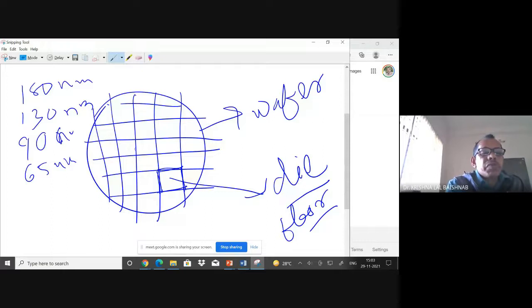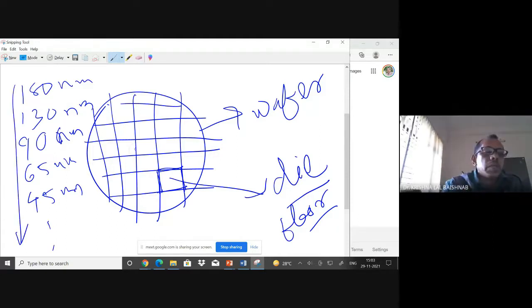I'm just giving a brief about the technology nodes. With every node, the number of transistors we push into a unit area is double. Every technology node is simply called a node. So when you move from one node to another, the number of transistors per unit area is double. So you can have more activities.